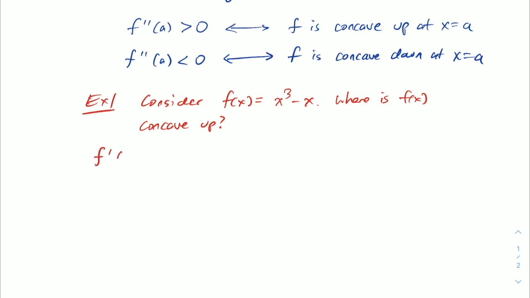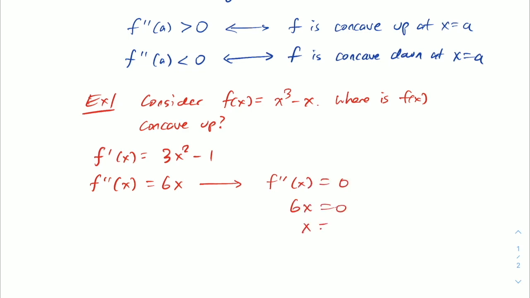First derivative is 3x squared minus 1, and second derivative is 6x. So the second derivative is 0 when x is 0. Before and after 0, that's when we want to determine whether it's concave up or concave down. The second derivative is positive when x is greater than 0, and negative when x is less than 0.